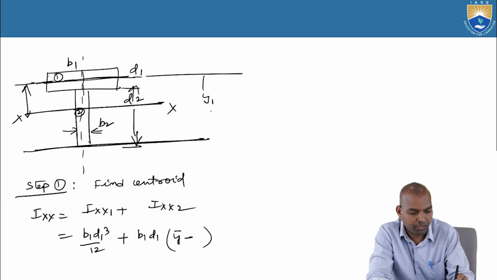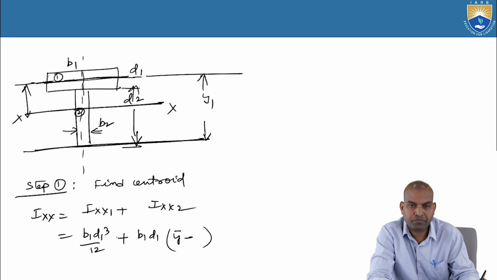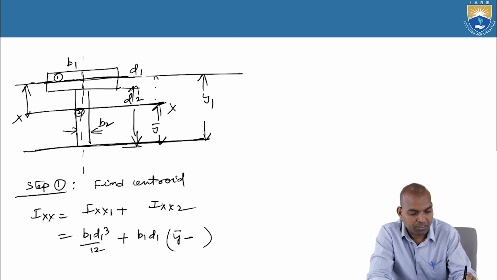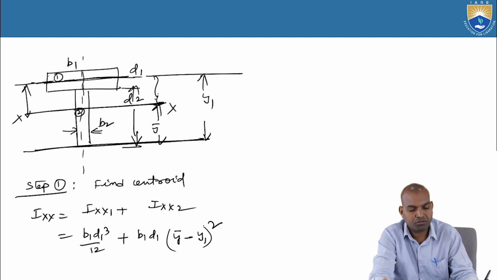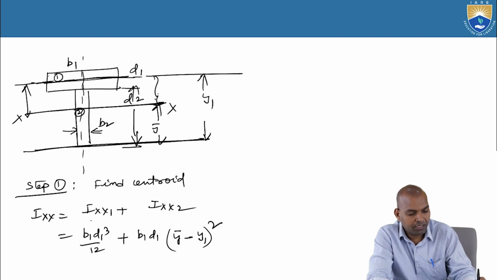This is y1 with respect to the reference axis, and here it is y bar. We want y1 minus y bar, or y bar minus y1, because it is squared, so it becomes a positive term. This is the term related to Ixx1.